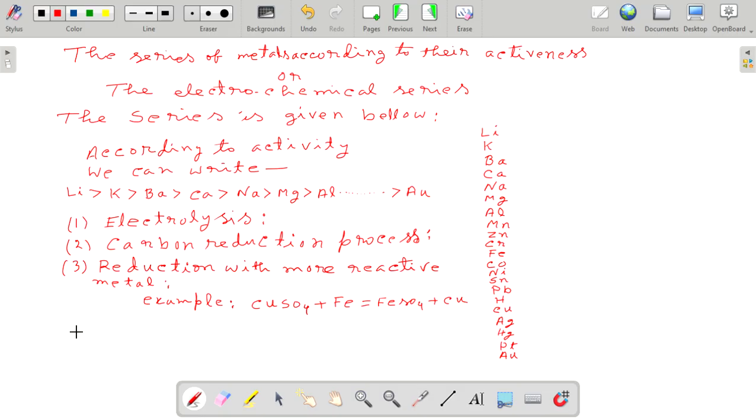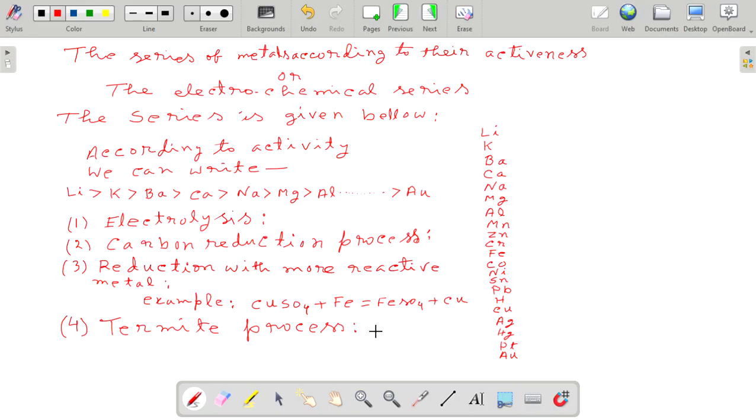Number 4, the thermic process. The thermic process involves a metal oxide and a more reactive metal.